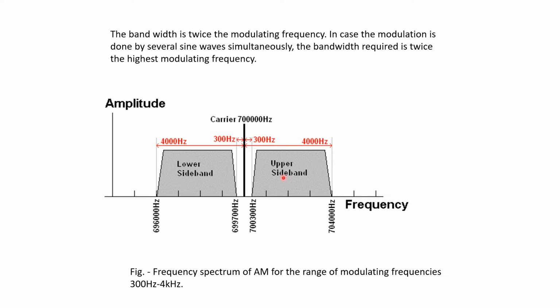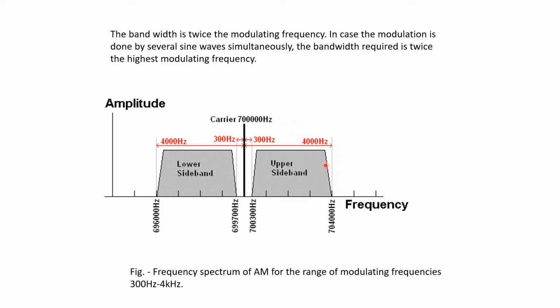So what happens if we calculate the upper sideband? Then the upper sideband is the carrier Fc plus Fm. Fc is 700 kilohertz. When 4000 hertz, that is the upper limit of the audible signal, is added to that, the upper limit of the upper sideband will be 700 kilohertz plus 4000 hertz.